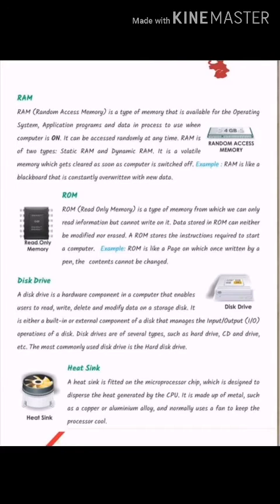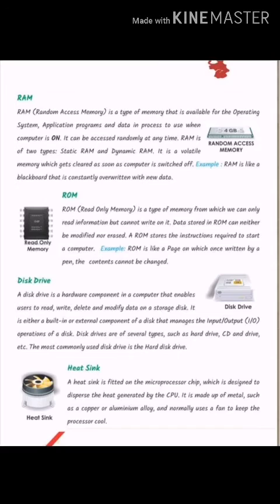So the user requires secondary storage called a disk drive so that they can store the data on it. It is either a built-in or external component which manages the input and output functions of a disk. They are of several types: CD, that is compact disk, hard disk, etc. The most commonly used is the hard disk.